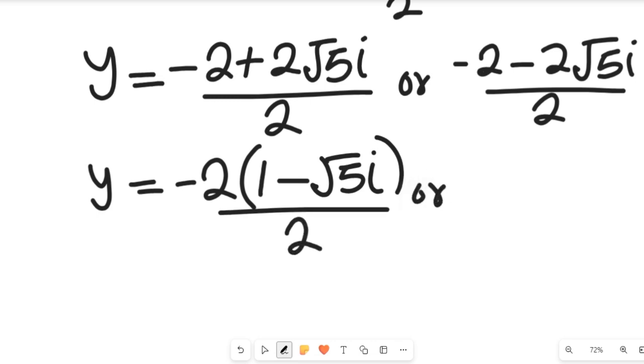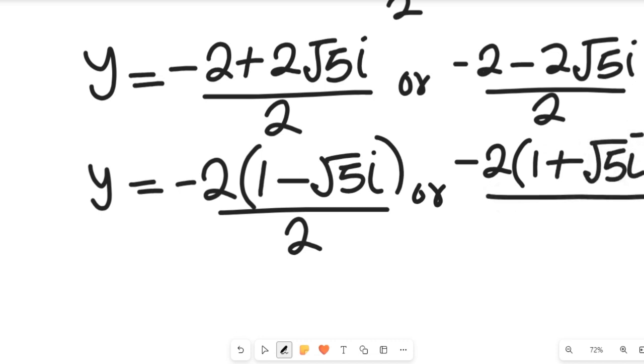Or we'll have this become negative 2. We'll bring it out, 1 plus root 5 imaginary, divided by 2. Great.